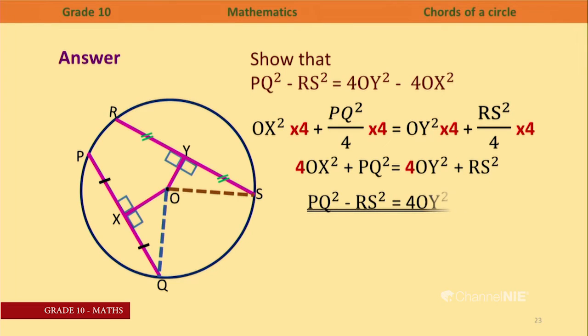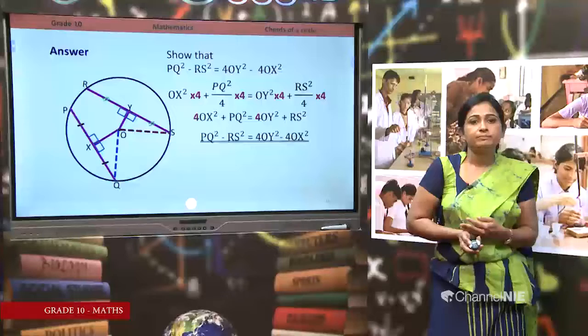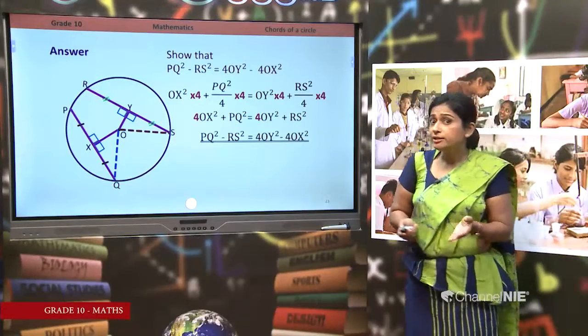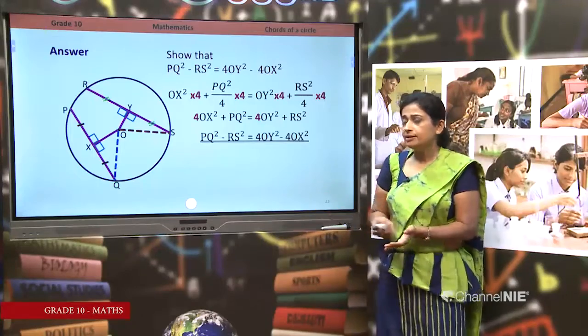I moved OX squared from the left hand side to the right hand side, and RS squared from the right hand side to the left hand side. Then we got PQ squared minus RS squared equals 4OY squared minus 4OX squared. Okay children, I think you understood that. So, we have applied the converse of the theorem.